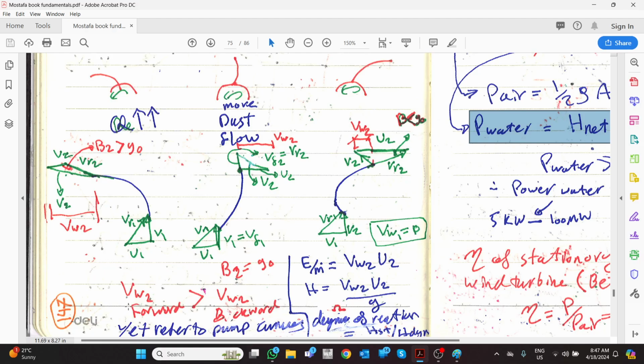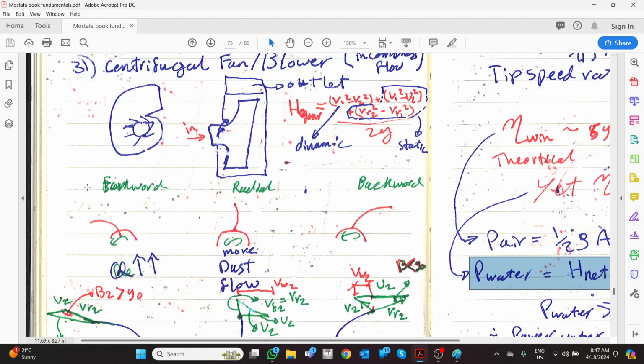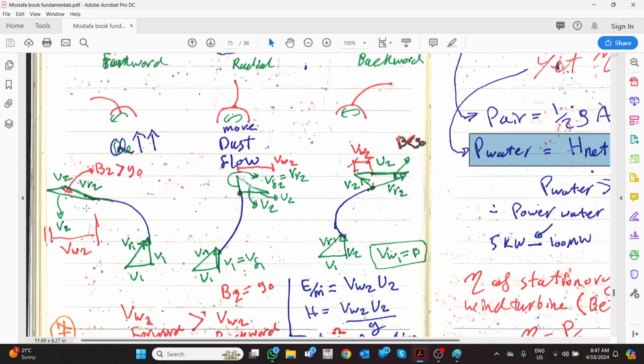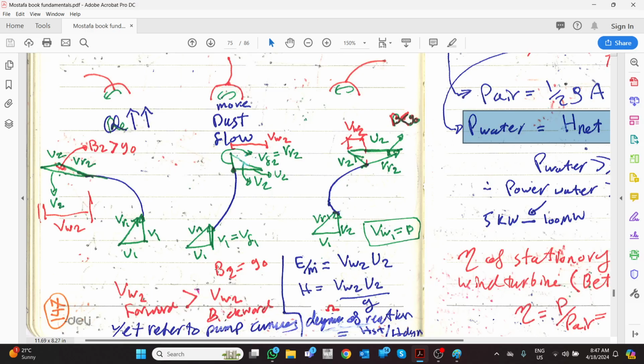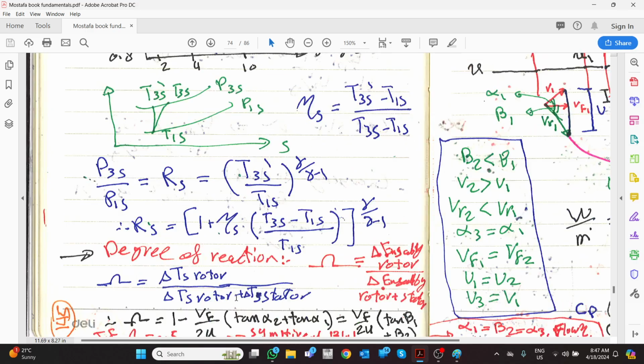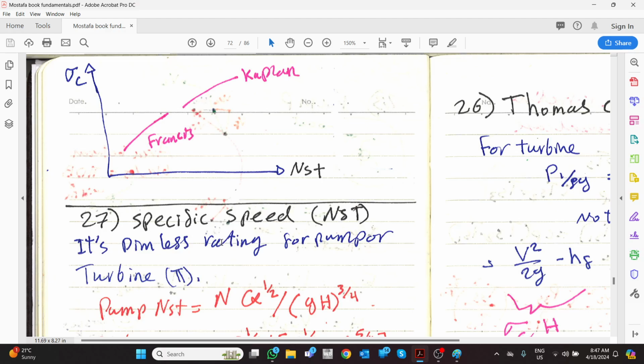So we know from the above curve that the whirling velocity in the forward curve is bigger than in the backward curve, as we discussed before, which gives me more head, more energy, like what we discussed before in the pump. It's the same concept as in the pump.